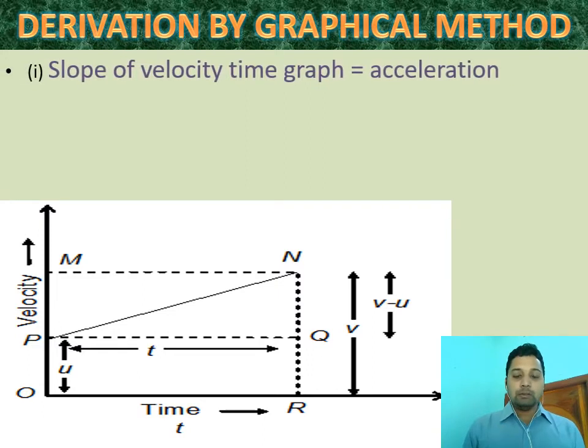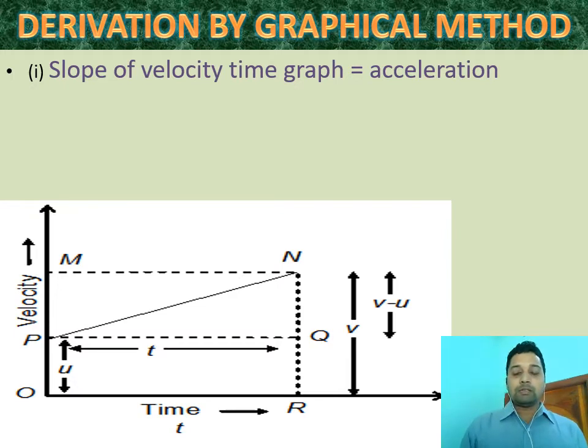To derive the first equation, we have to take the help of the slope of this graph. Slope, we know, is change in y-axis by change in x-axis, means y2 minus y1 by x2 minus x1. If we take the graph PN, here y2 at M point is v, and y1 at the P point is u. So v minus u is the change in y-axis, whereas on the x-axis, for N the R point is t, and for P it is O, means 0.